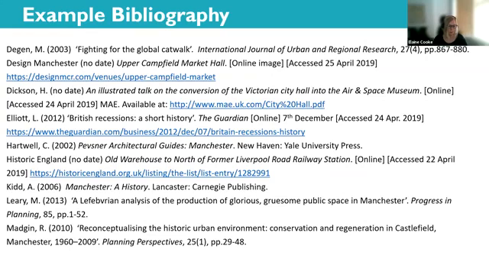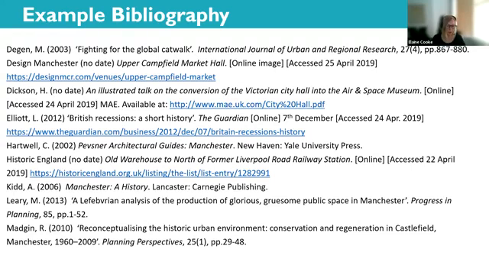So here's an example of a reference list, with different sources listed. For the top reference, we've got the author, the date, the title. This is a journal, so you've got the title of the article, Fighting for the Global Catwalk, followed by the title of the journal, International Journal of Urban and Regional Research, and the volume, issue, and the pages of the article.